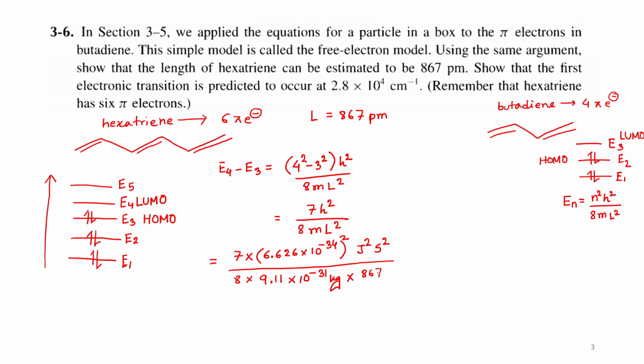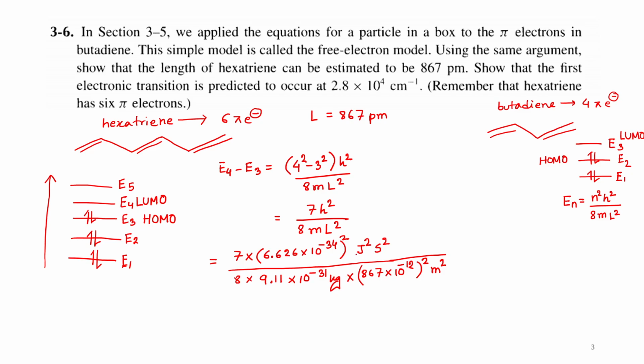So 867 times 10 to the power minus 12 meters, squared. Obviously we are working in SI units, so you can understand that.